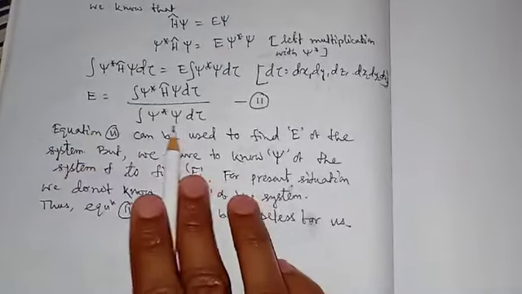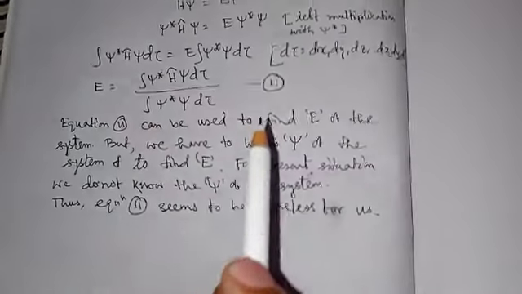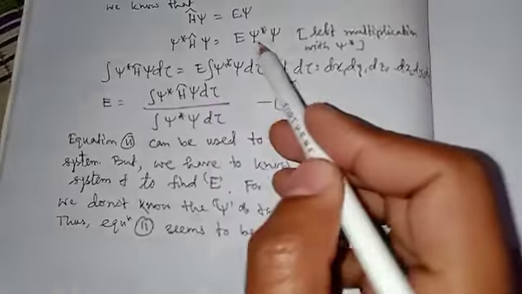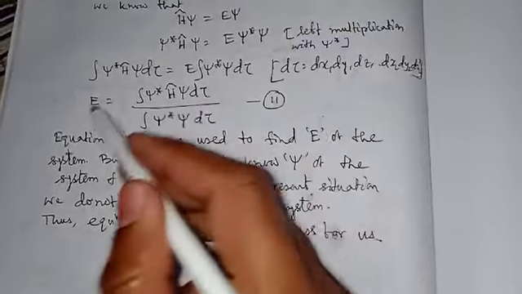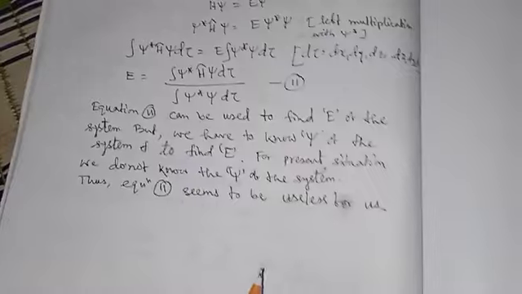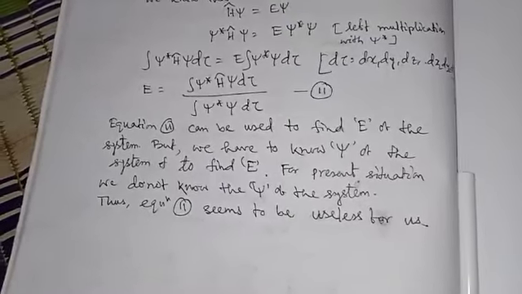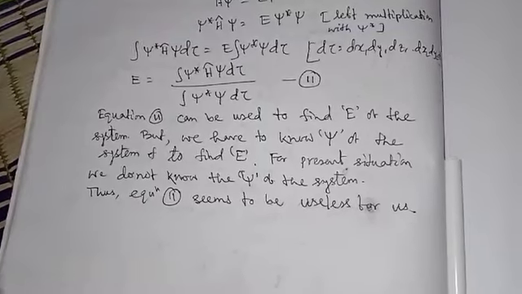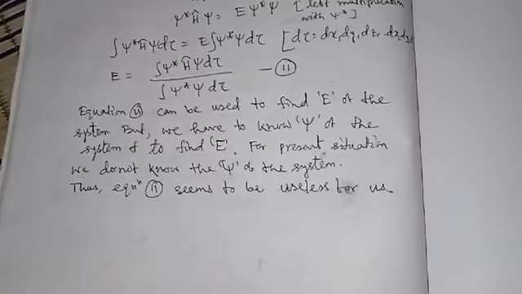So the equation we made to find the energy of the system becomes unnecessary for us, and so we have to look for different ways to find the exact solution of the system, that means the wave function of the system as well as the energy of the system.